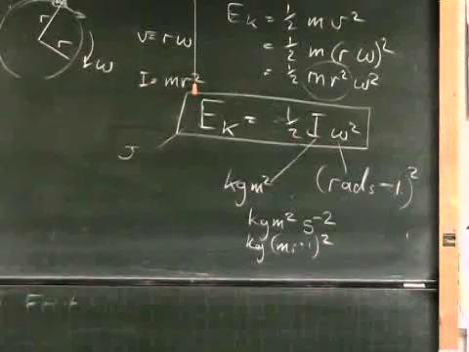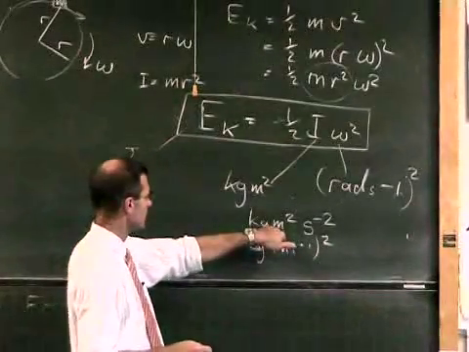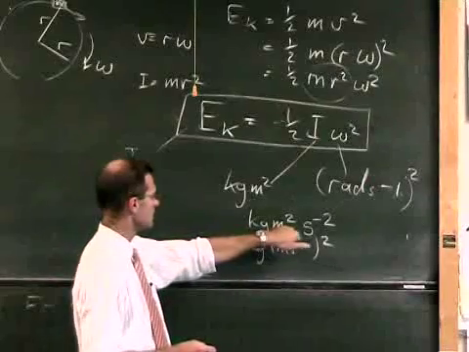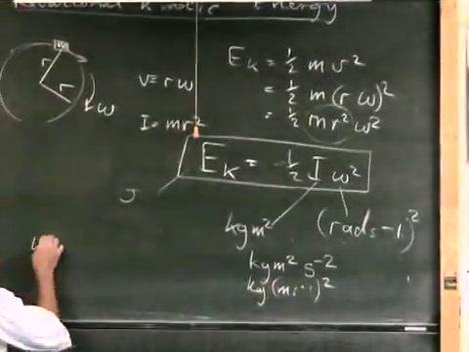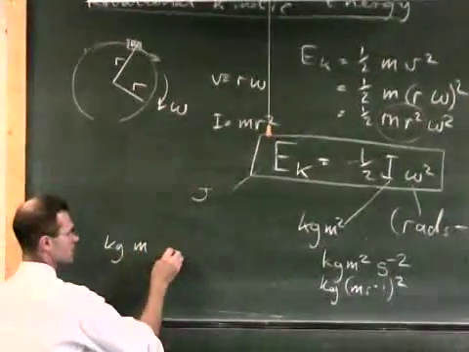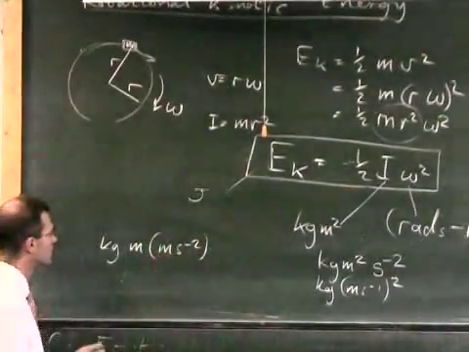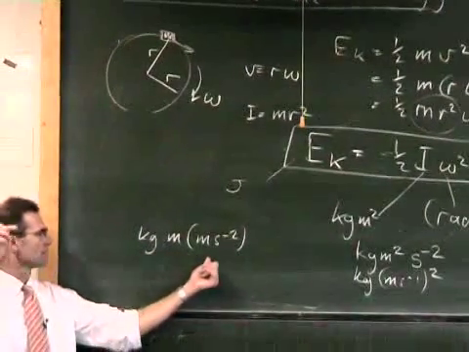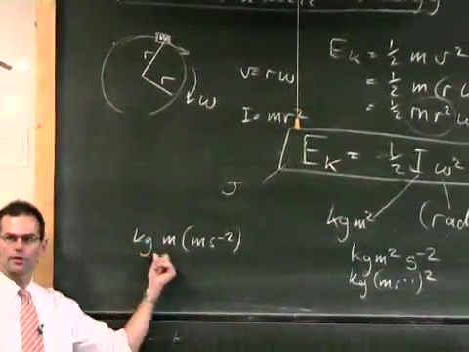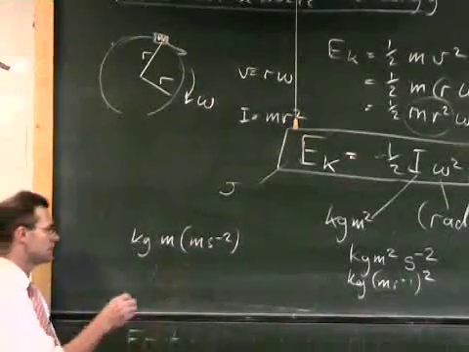The other way that you can think about it is that we've got kilograms times meters per second per second, times meters. Mass times a height times acceleration due to gravity. What's that the same units as? Potential energy, mgh.